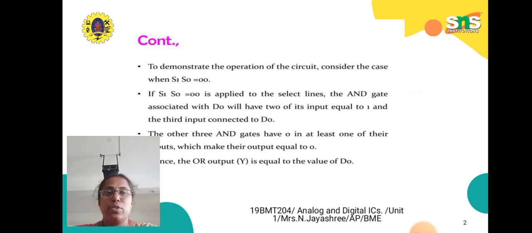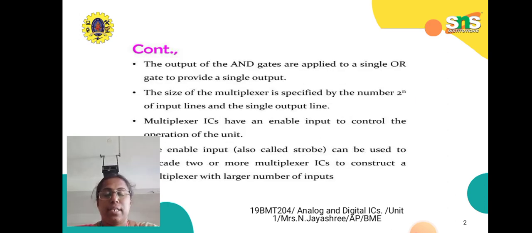If 0, 0 is applied to the select lines, the AND gate associated with D0 will have 2 of its inputs equal to 1, and the third input is connected to D0. The other 3 AND gates have 0 on at least one of their 3 inputs, which makes their output equal to 0. Hence the overall output is equal to D0. Next case.